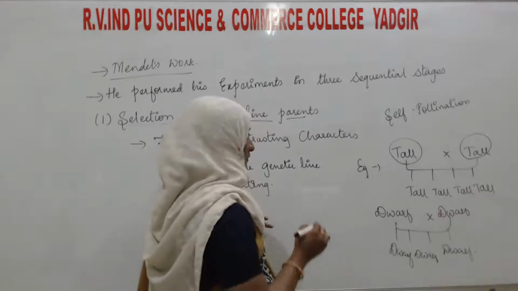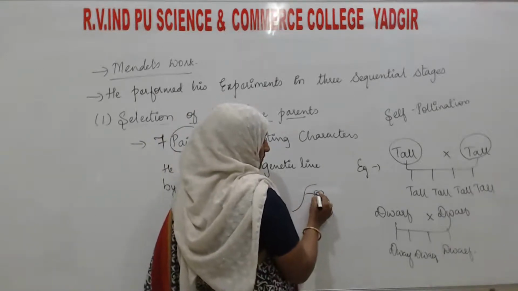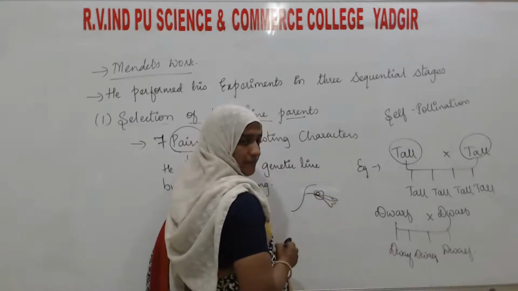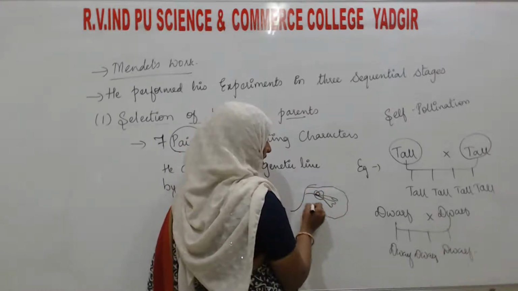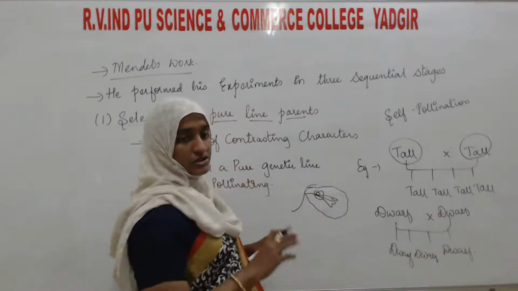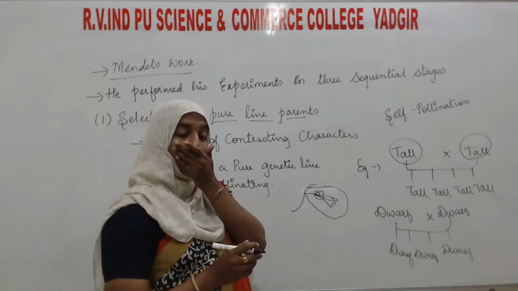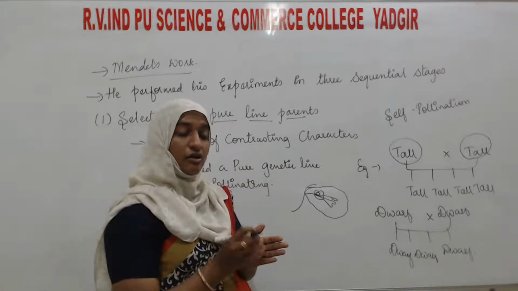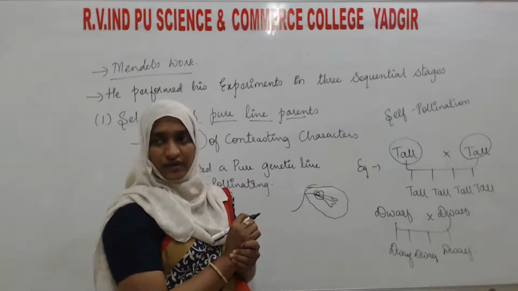So see here, this is the flower in which there is a presence of anther as well as the stigma. Self-pollination means we will just tie or cover that particular flower with a polythene bag or any other cover, so that no other pollen should come and pollinate this flower.